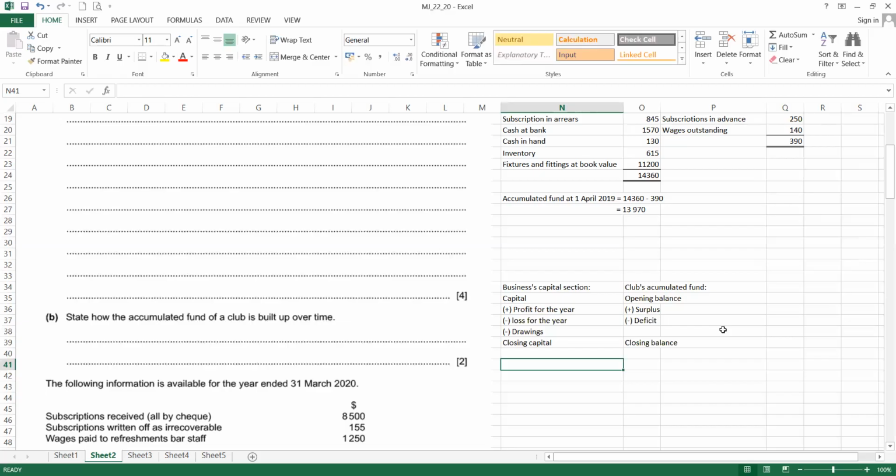So your answer, you can say that the accumulated fund of a club is built up by the surplus annually, or deficit annually.